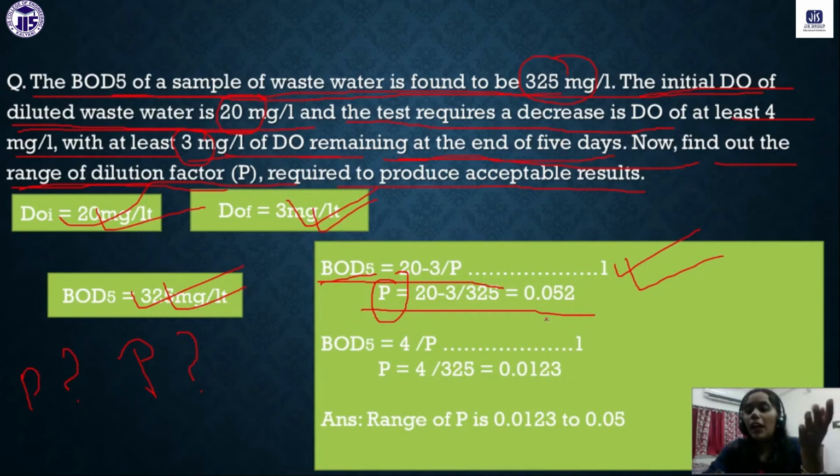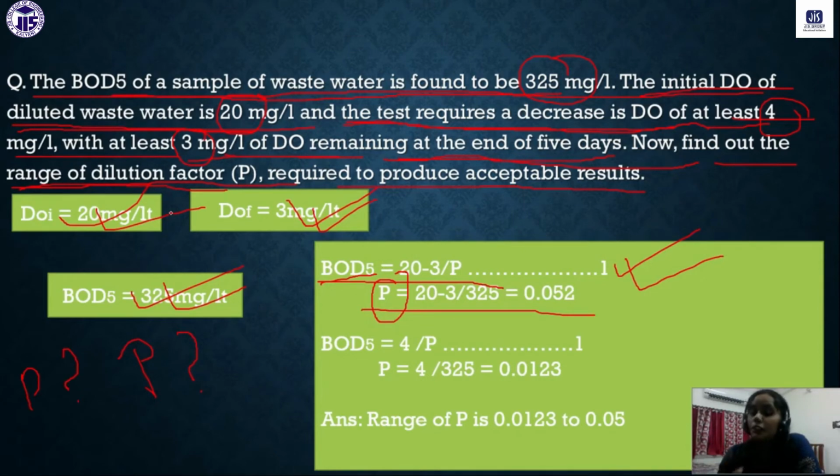So second value, how we can get the second value? So again check the question. Here, look here, we are having one more data, that is the test requires a decrease in dissolved oxygen of at least 4 milligram per liter. Okay, so during the test, the ideal condition should be that the decrease of dissolved oxygen should be 4 milligram per liter.